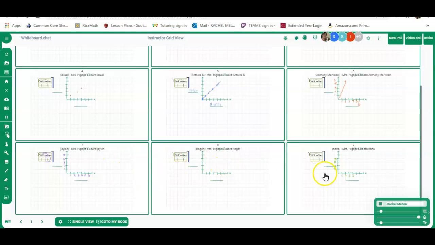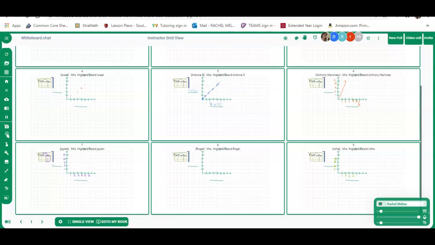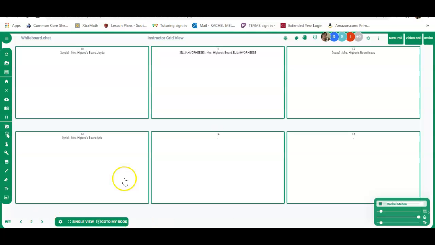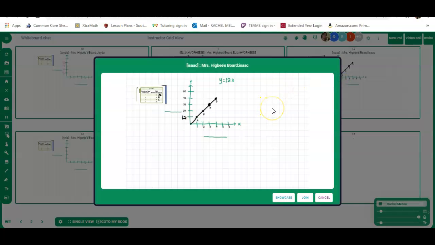Oh, yeah. Good job, Rita. Keep going. Jada, you need a different interval for that Y. Ones isn't going to cut it. Isaac, excellent job. Now you need to put your labels for the X and Y axis.